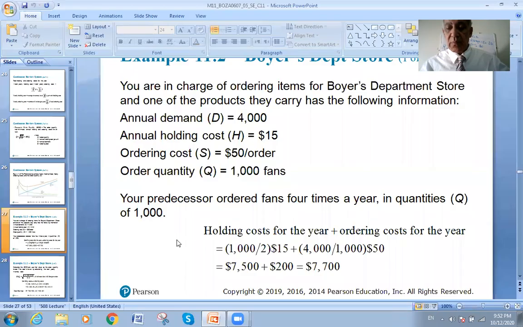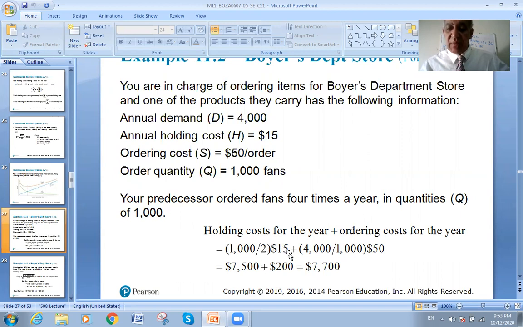So to get the holding costs for the year and the ordering costs for the year, this 1,000 is the order quantity divided by 2. This 2 is a constant. So this will give me the average.